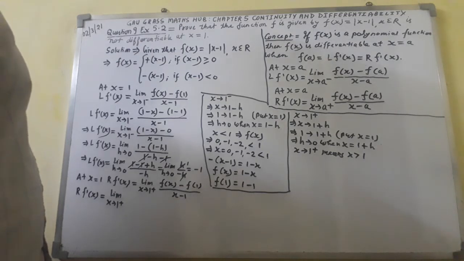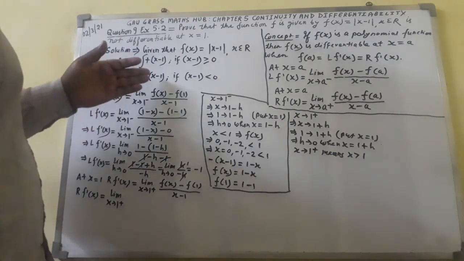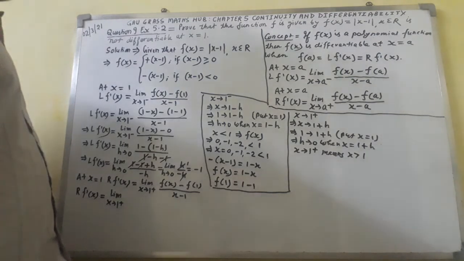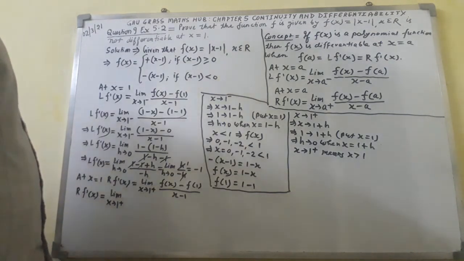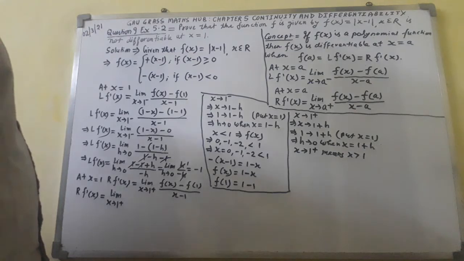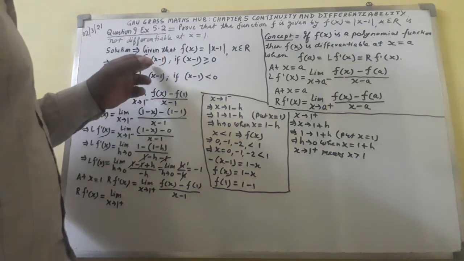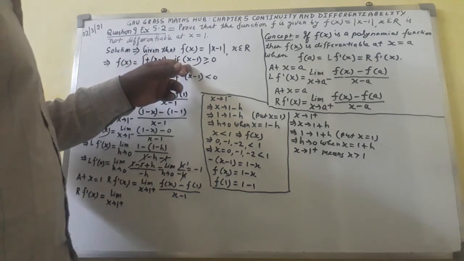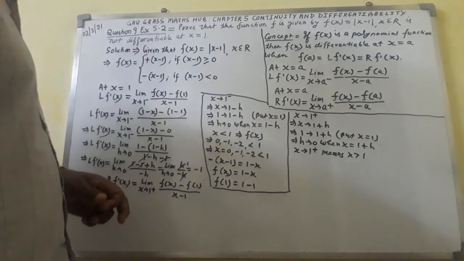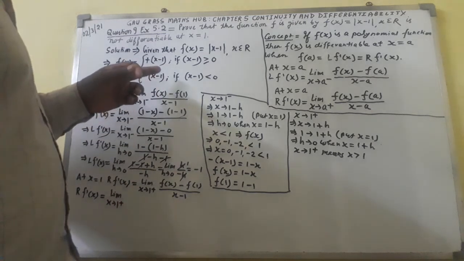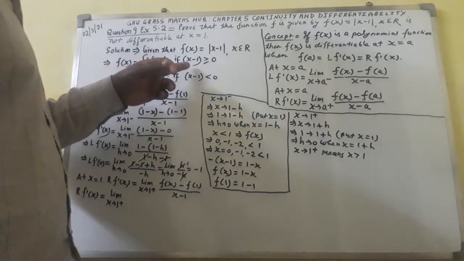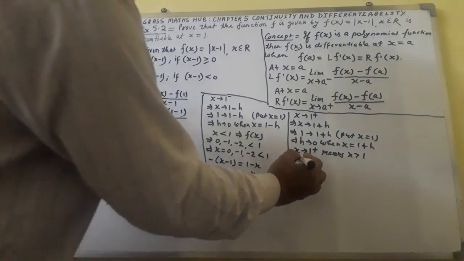We have to choose one of the two functions in which the value of x must be greater than 1. So here you can see the first function, the value of x must be greater than 1.